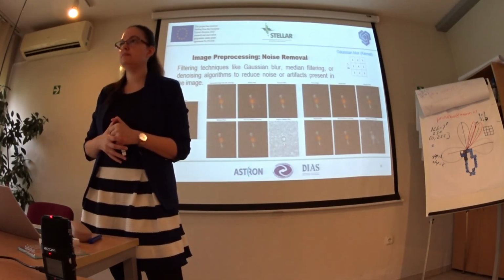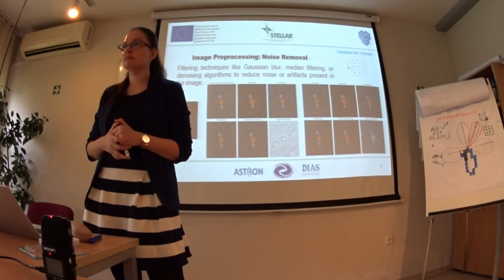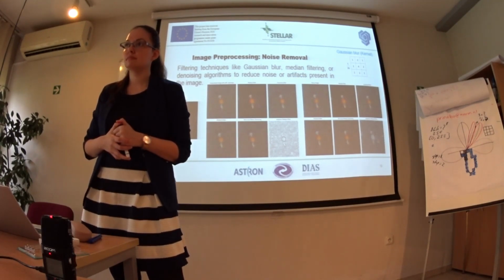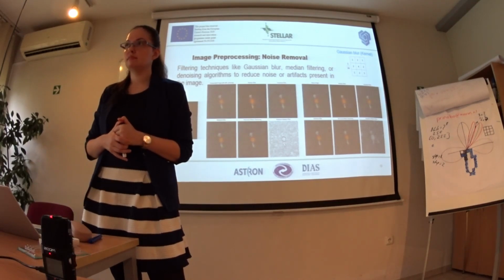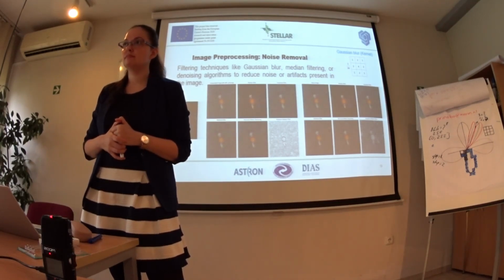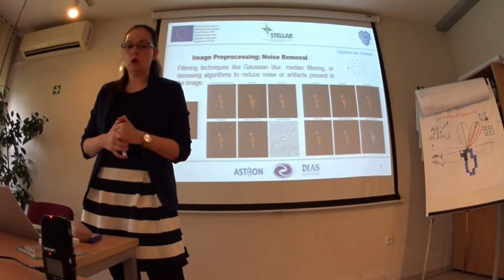Then I increase the signal to noise ratio of that pixel. And when I increase the signal to noise ratio with 1 hour exposure, I can remove the noise of the electronics because it will be smaller than the signal.